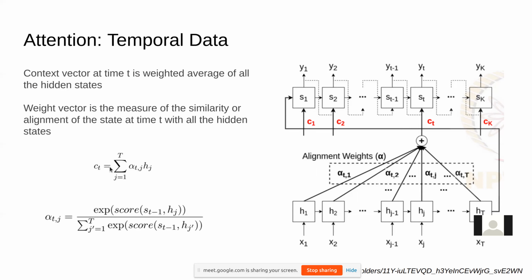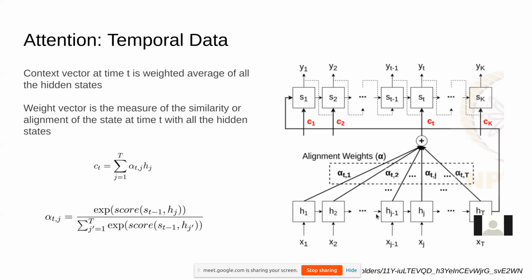The idea is very similar: suppose we are at time t and the word to be predicted is yt. This yt depends on the current state of the decoder st as well as the previous state st-1, and at the same time the context vector ct.